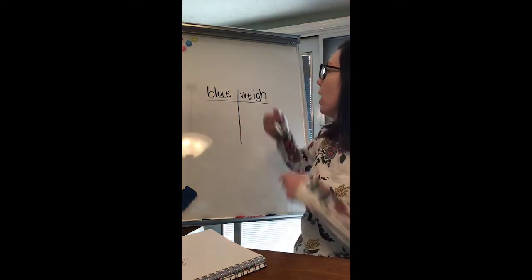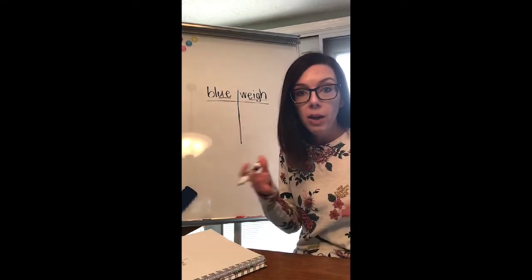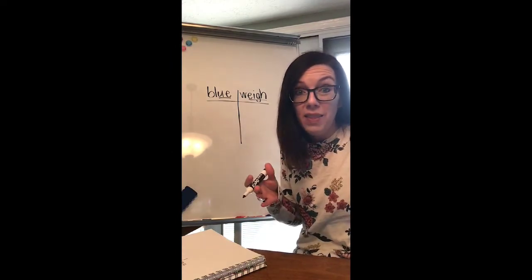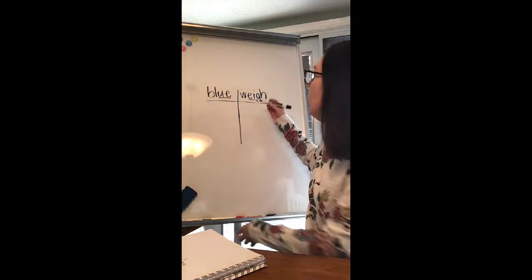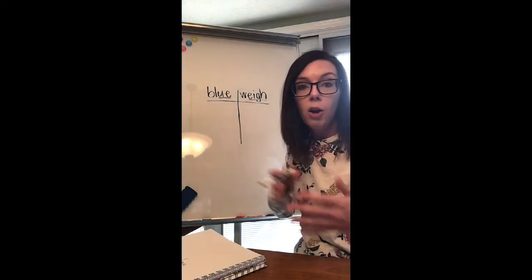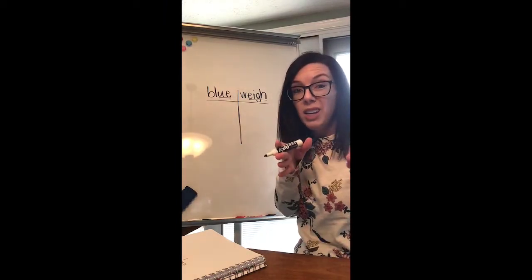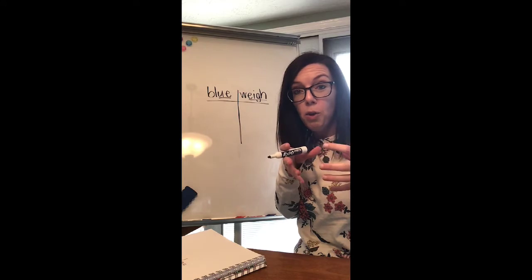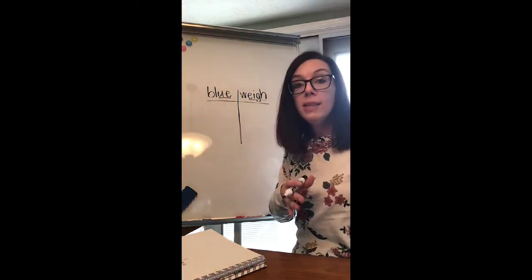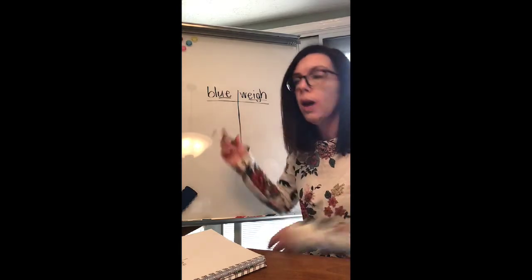So we're going to write neigh underneath where it says way, because they have that same hunk and chunk, that same ending sound, so they actually rhyme too. Now, not all of our words that we're going to write down are going to rhyme because they're not all going to end in that A sound. One of them, the A sound is going to be in the middle part of the word. But in this case, they both have that A sound at the end of the word, so they do rhyme.